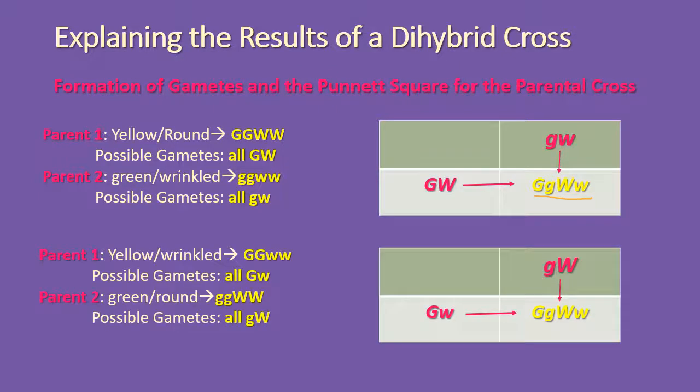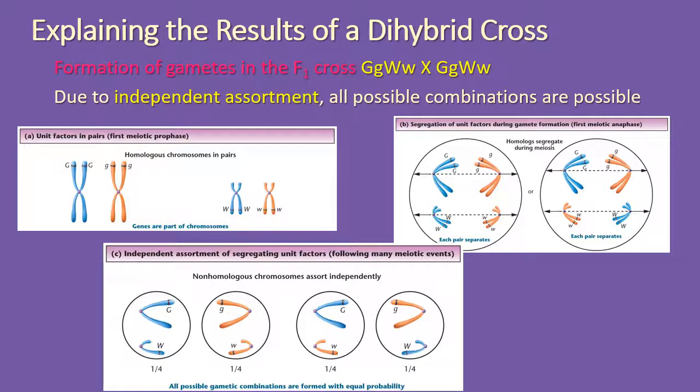If you switch it up and the parents have one dominant and one recessive trait, but they're still true breeding, and then the second parent is the opposite, you end up with the same result here. So that's what I was saying. It doesn't matter if each parent is all dominant for both traits and the other parent's all recessive for both traits, or it gets mixed up. The results in the F1 cross will be the same.